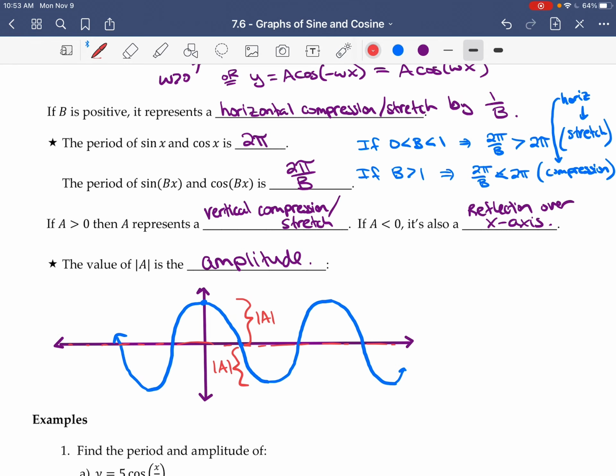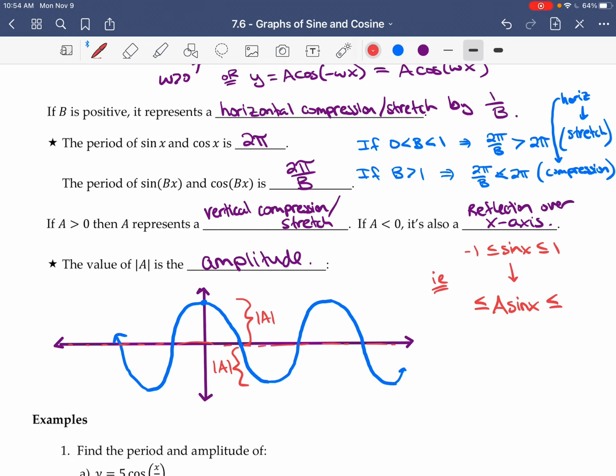So another way to say that: we know that sine and cosine are stuck between -1 and 1. So the sine x values are between -1 and 1.